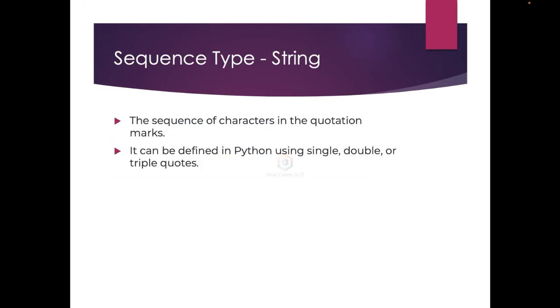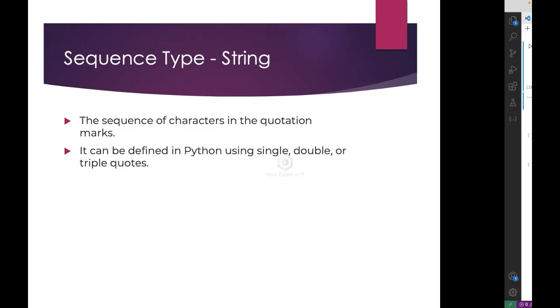Okay, now sequence type. The first sequence subtype is string. The sequence of characters in quotation marks is called a string. The combination of characters and digits which comes in quotation marks is called a string. It can be defined in Python using single, double, or triple quotes.